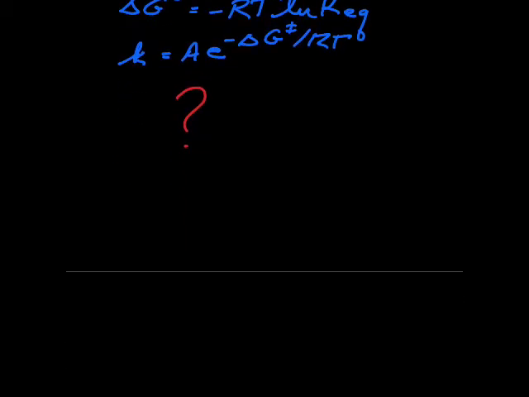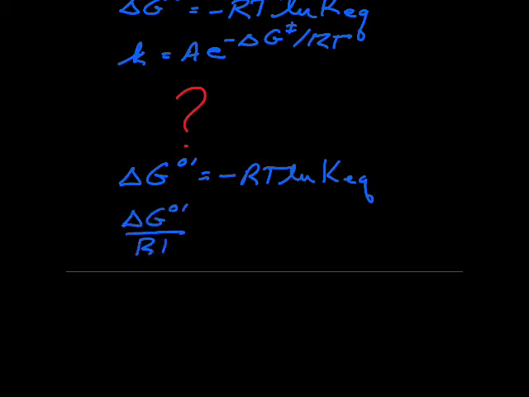Let's take a look. First of all, we can write the first one, delta G0 prime equals minus RT ln of KEQ, and we can rearrange this by dividing through by minus RT and setting that, of course, equal to ln of KEQ.